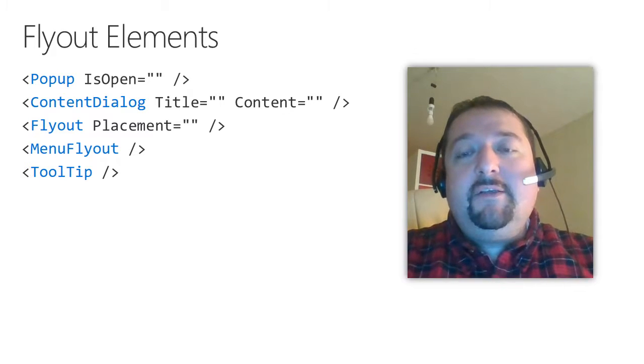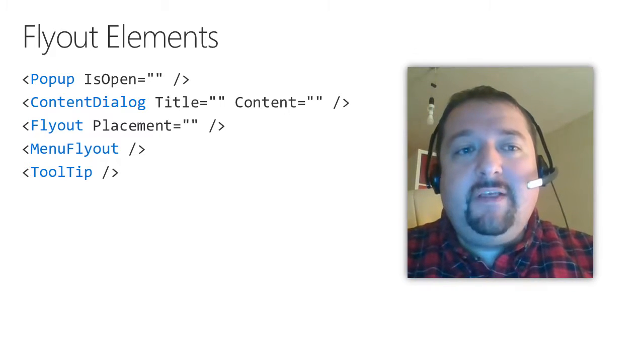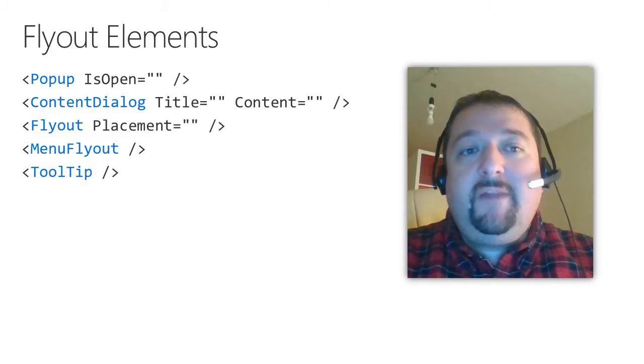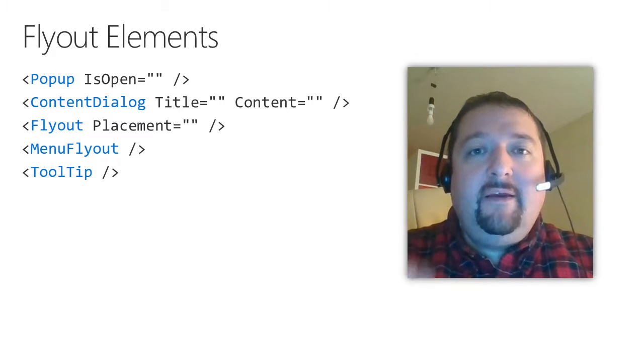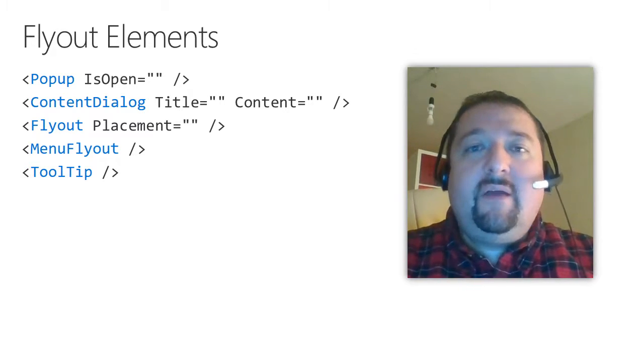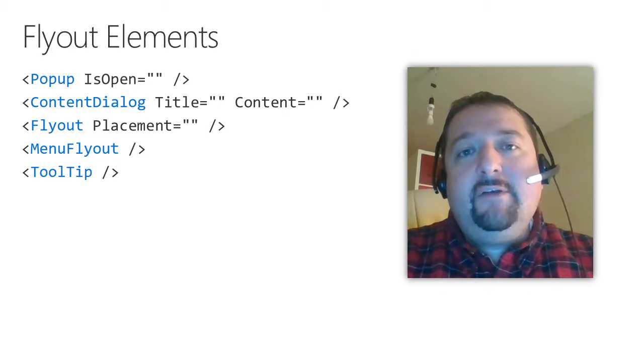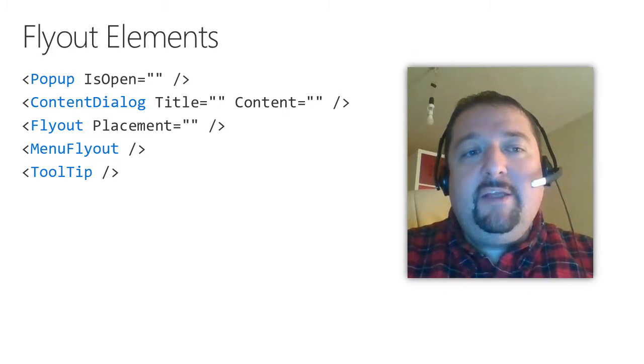In addition, let's consider a few other interesting elements called flyout elements. Flyout elements are useful if you want to create an interface where something appears on the screen, like a modal dialog asking you something, you answer, and then you continue working with the application.